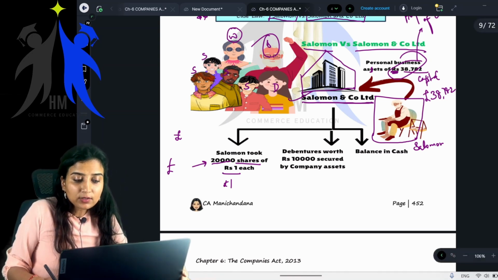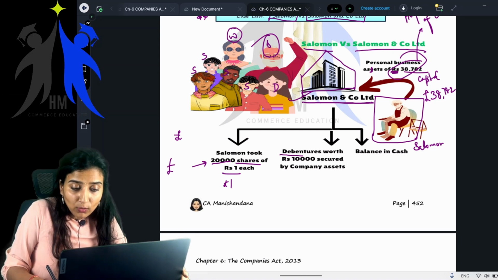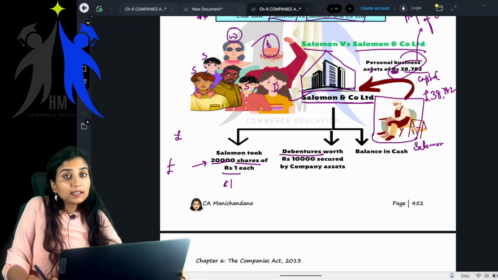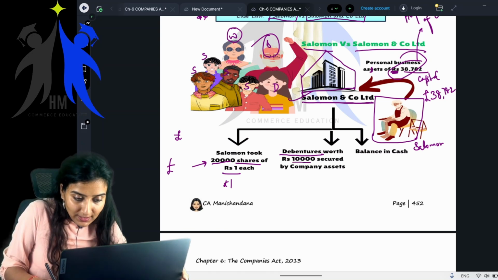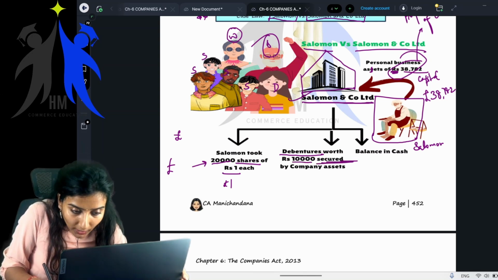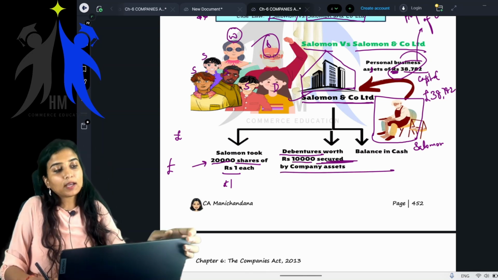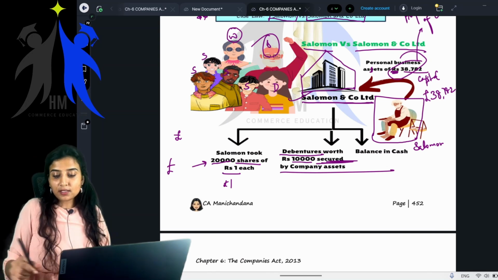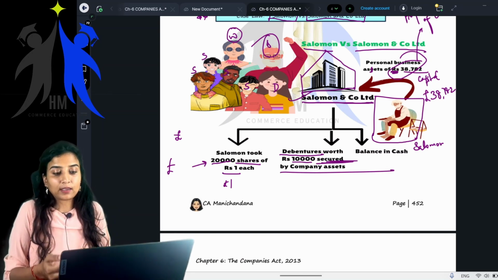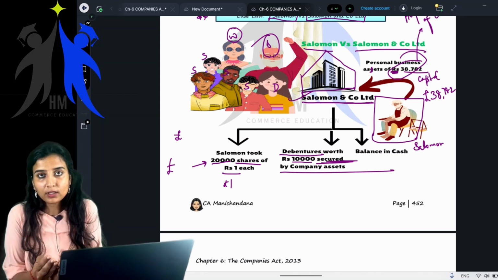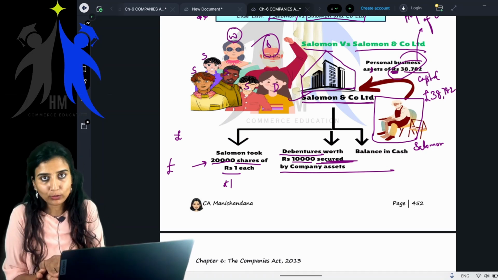So he took 20,000 shares of rupees 1 each, and then he took what? Debentures. You all know, right? So he took debentures worth rupees 10,000, secured. Ma'am, what is this secured? Okay, children. In debentures you have secured and unsecured. Debentures are nothing but loans, yes or no?